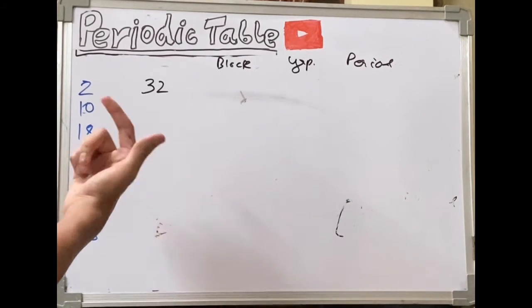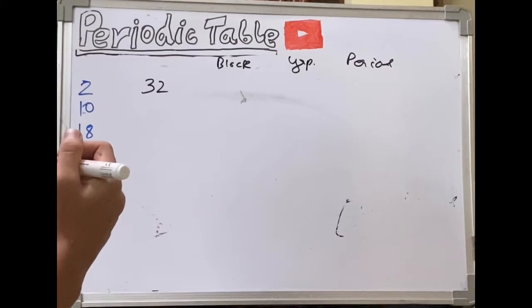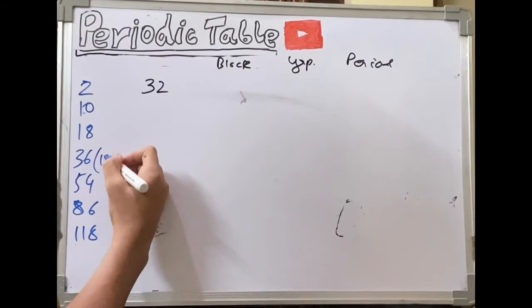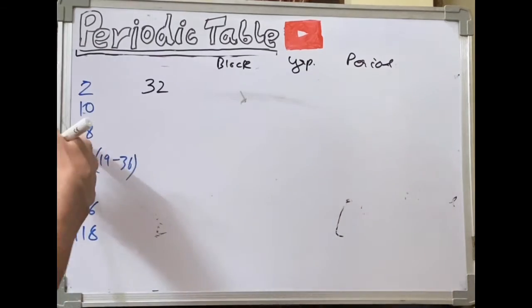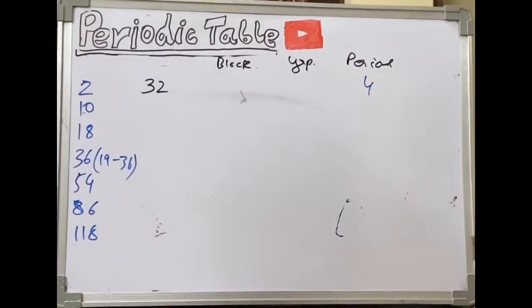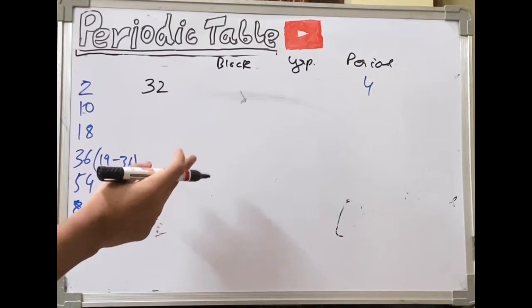So this is 36. So you can say that this lies in the fourth period, because in the fourth period the elements are from 19 to 36, right? You can easily relate to that. So it will be period 4. And when it comes to the group, it will be simply 36 minus 32.